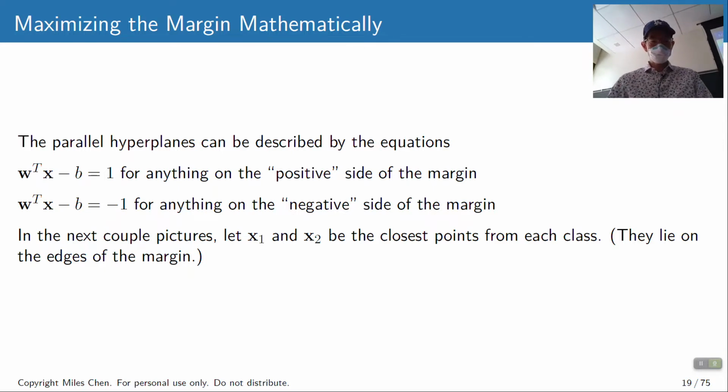And so x1 and x2 in the next couple of pictures will be the closest points from each class, and they lie on the edges of the margin here.